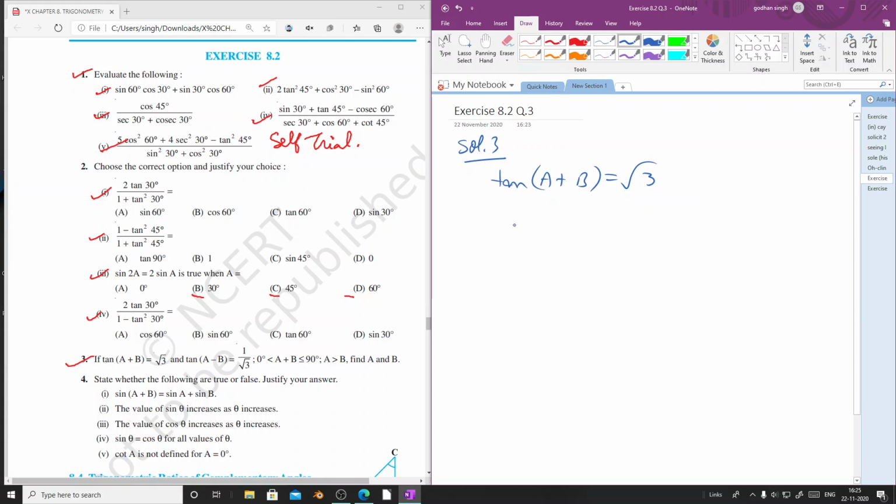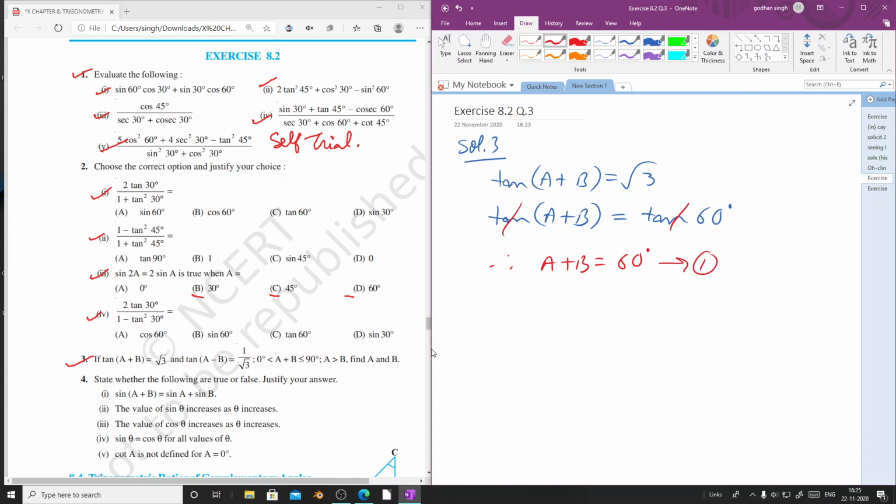So this root 3 we can write in terms of tan: we know that tan 60 degree is equal to root 3. So we can replace root 3 with tan 60 degree. Why are we doing this? So that tan on both sides can be cancelled out and we will get the value of A plus B. Therefore, A plus B equal to 60 degree, and let this be 1.